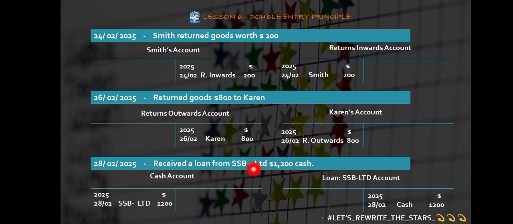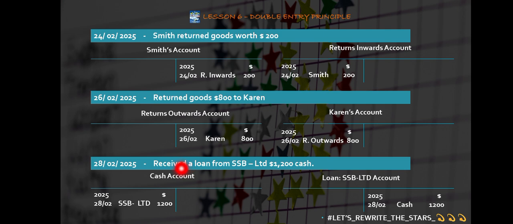So cash account will be created, and then the loan account, that is SSB's account, will be created. So cash is the one receiving because here SSB is giving. So loan SSB Limited account will be created in reference to cash because he was giving us the loan in the form of cash. That is $1,200.